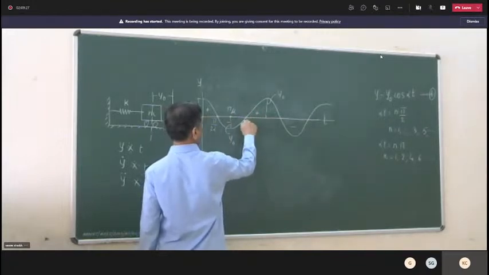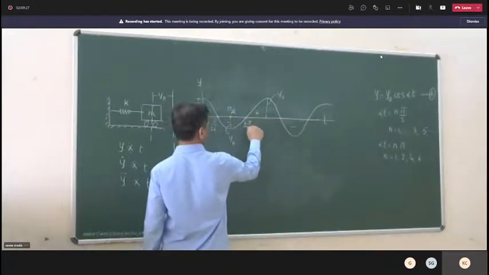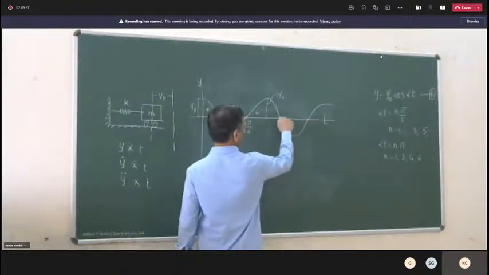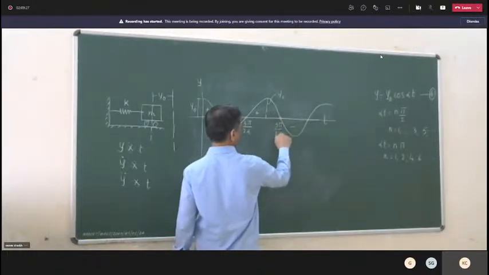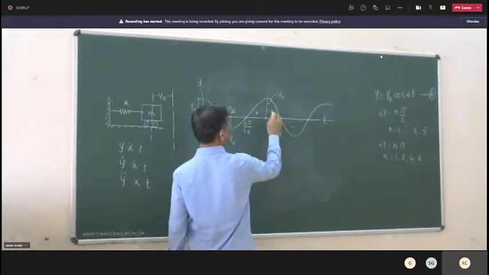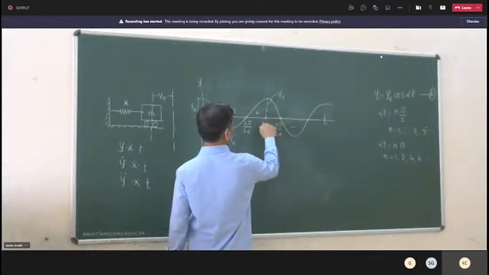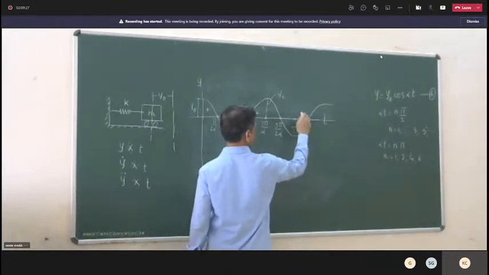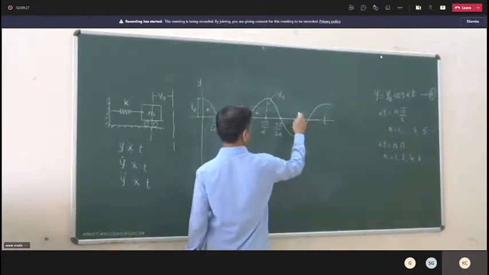Cos theta is 0 at 3 pi upon 2. This is 5 pi upon 2. This is 2 pi upon alpha. This is 3 pi upon alpha.